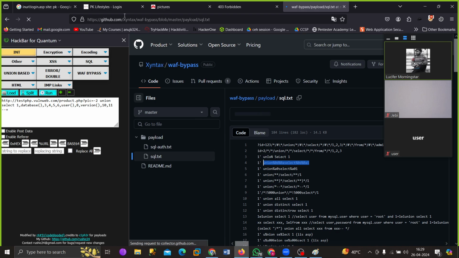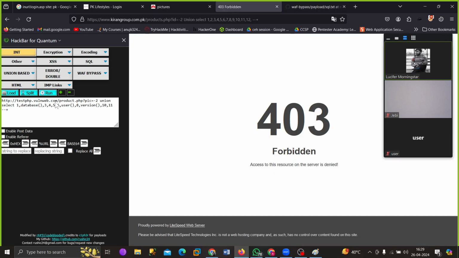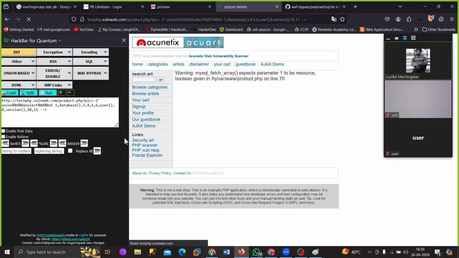I will try to bypass the page now by using this. Why is it so slow? Oh, holy shit.